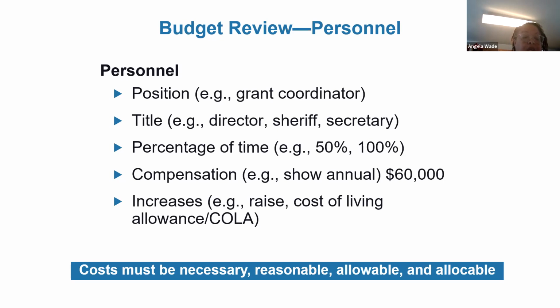Also, if your organization is currently paying cost of living increases, make sure that you include that in your personnel category as well. As always with any of these budget categories, all your costs should be allowable, reasonable, necessary, and allocable to your particular grant program. Next slide, please.